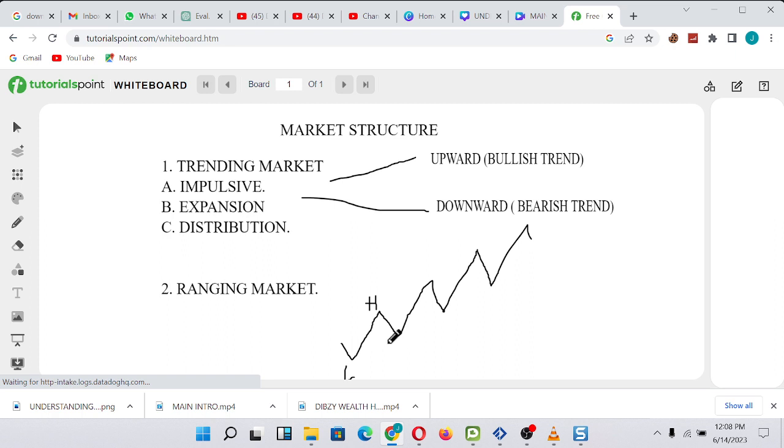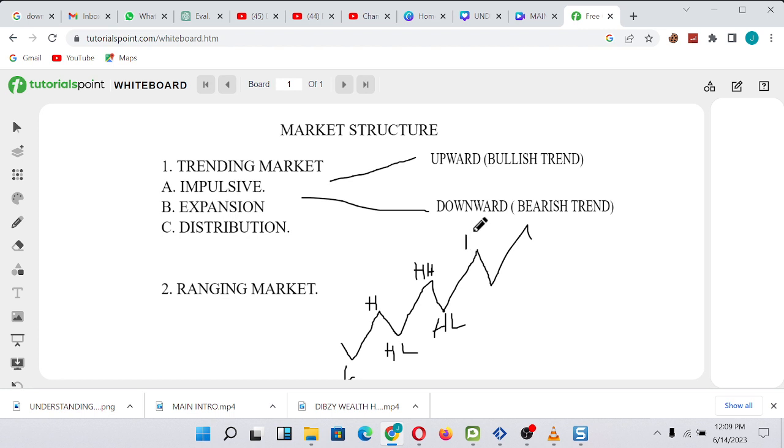This is a higher low. This is a higher high. This is a higher low.